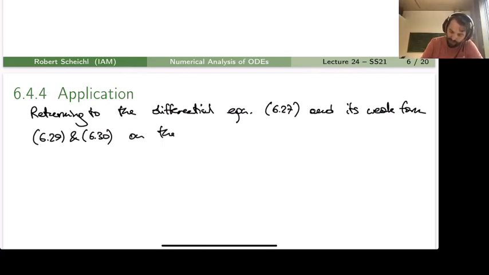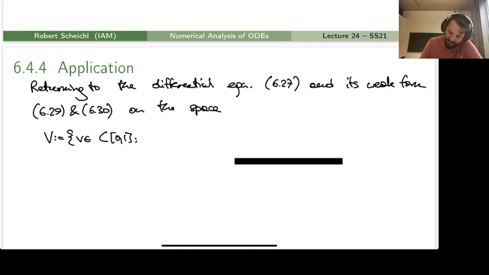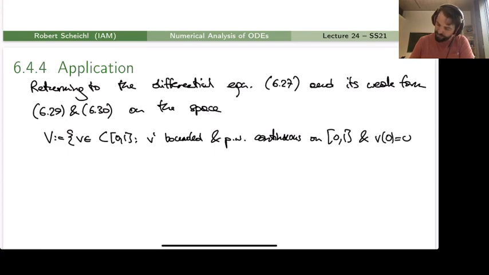And just recalling the spaces, we again choose our V, as I wrote at the very beginning in the revision, to be all continuous functions on [0, 1] which have bounded, piecewise continuous derivative on [0, 1], plus boundary conditions. So V(0) is V(1).